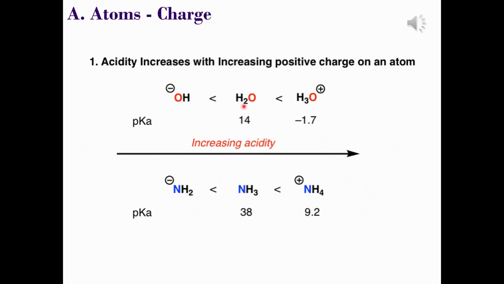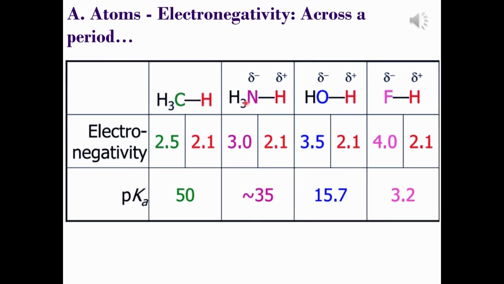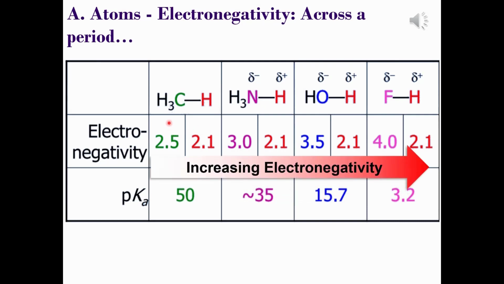The next thing that we're going to consider is the electronegativity of the atom to which the proton is bonded and how readily this will dissociate. Here are some second row elements and their acidic compounds. As the electronegativity increases of that second row element from left to right, the pKa decreases.